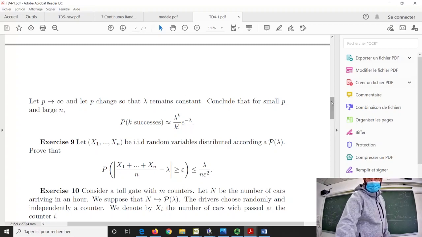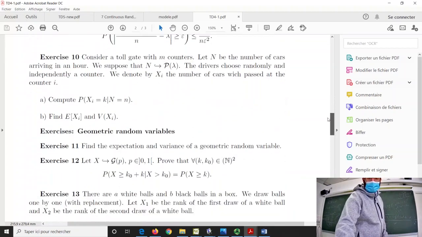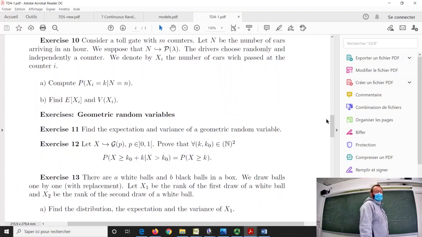Try to do exercise 10 by yourself. So I read the statement with you. I have a toll gate with m counters, okay? Let capital M be the number of cars arriving in 1 hour, and I suppose, as a hypothesis, that this number of cars follows a Poisson distribution of parameter lambda.